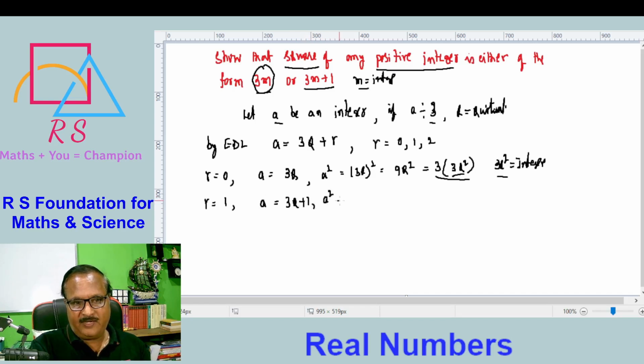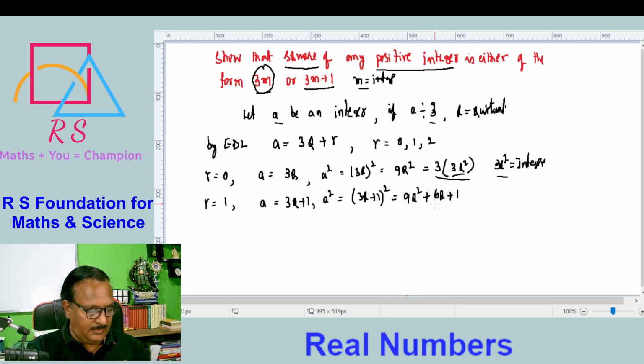Then a square, what happens? 3q plus 1 whole square. It is the a plus b whole square formula. So I will write directly 9q square, a square, 2ab, 6q, plus 1. So this is 9q square plus 6q plus 1. So then how are we going to write this? 1 you keep like this.